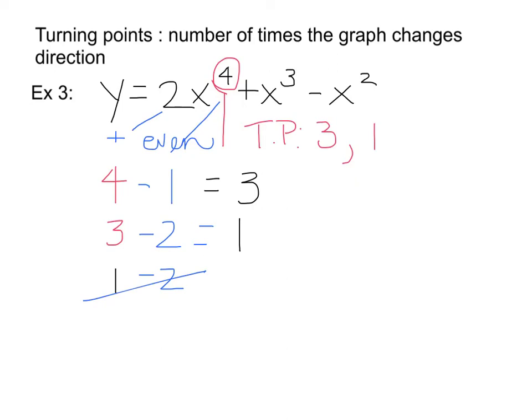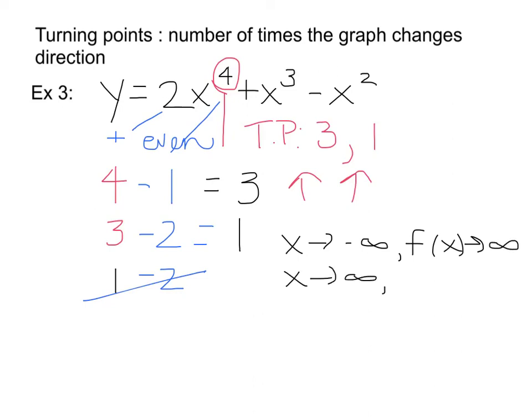So even positive, remember, looks like this. You only care about what's happening at the ends. So as x goes to negative infinity, f of x goes to positive infinity. As x goes to positive infinity, f of x goes to positive infinity.